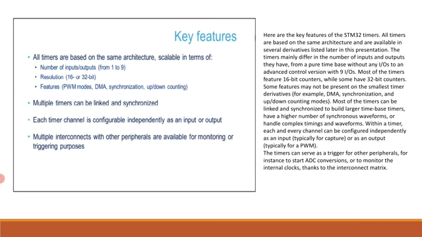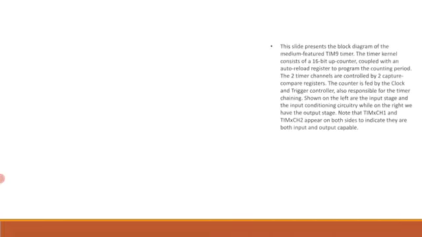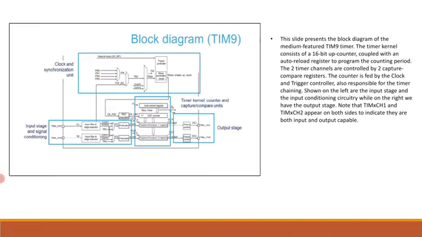So in the next slide, we'll look into the block diagram of the medium feature timer, the TIM9 timer. The timer kernel consists of a 16-bit up counter coupled with an auto reload register to program the counting period. The two timer channels are controlled by two capture compare registers. You can see here in this diagram, the counter is fed by the clock and trigger control, also responsible for timer chaining.